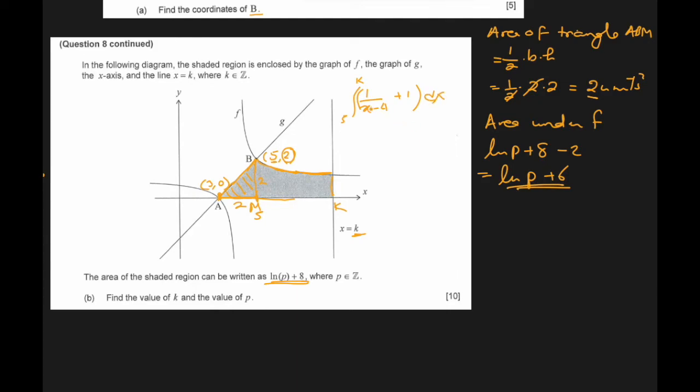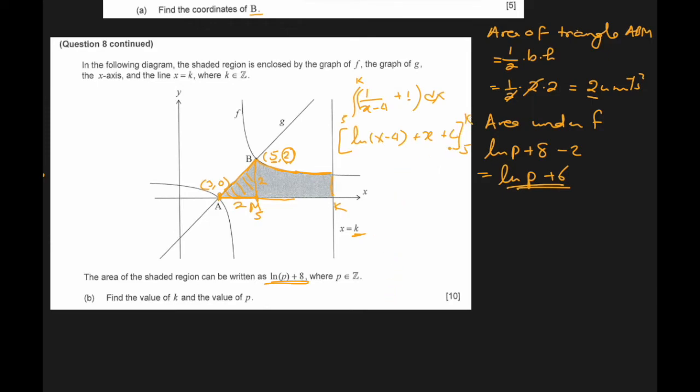The integration of 1 over x minus 4 will be simply ln of x minus 4, because it is a linear function, and the differentiation of x minus 4 is 1, so there is no need to divide by 1 because it is not going to make any difference. Plus the integration of 1 will be x, plus c, from 5 to k.